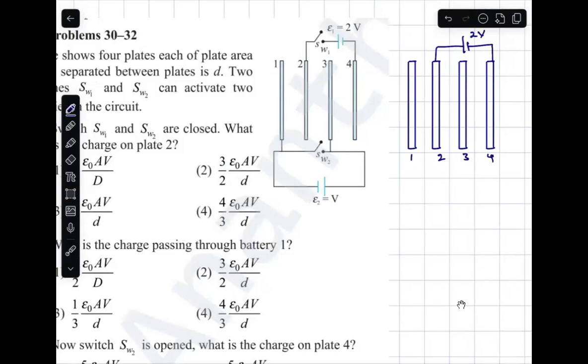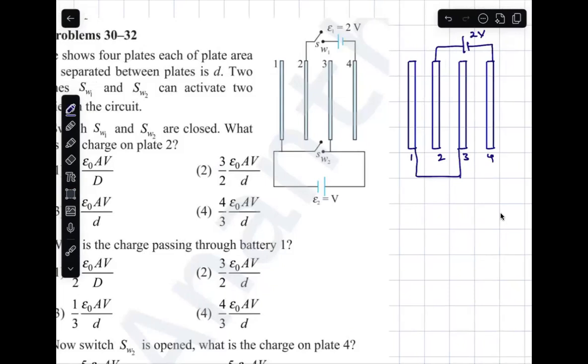And with SW2 closed, that is the arrangement. You got the point? Now you know how to do this question.